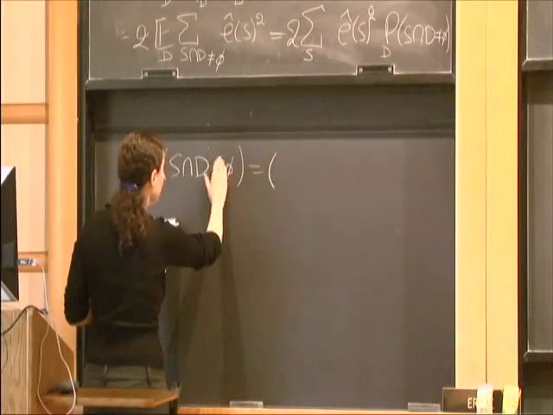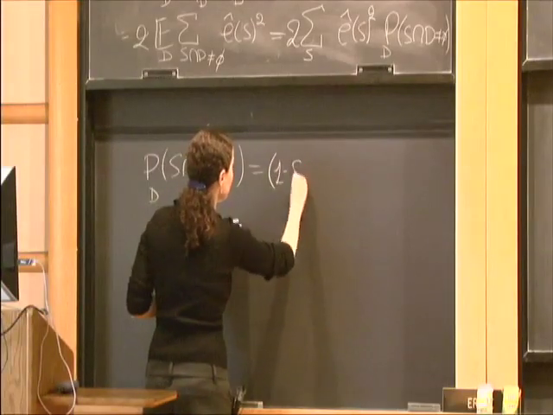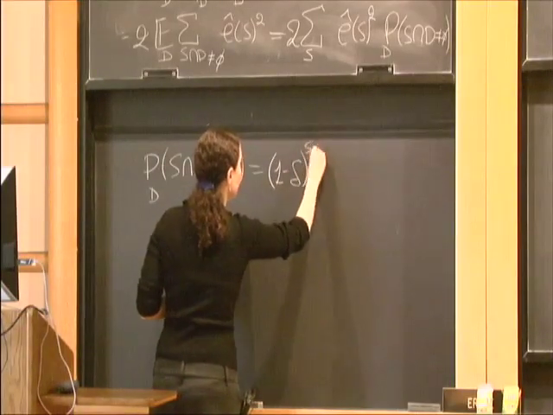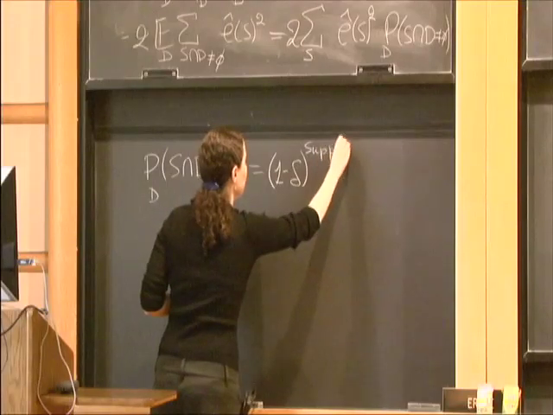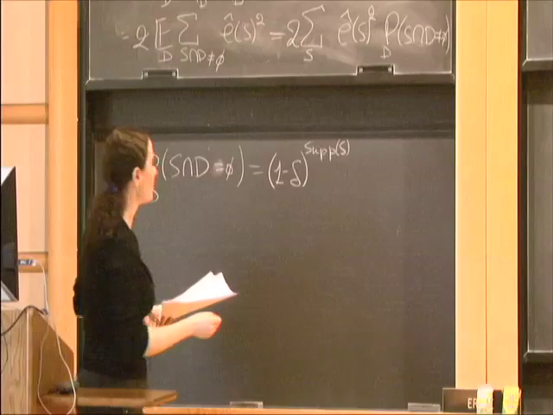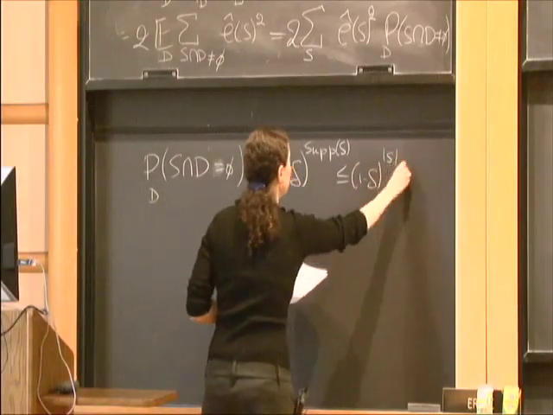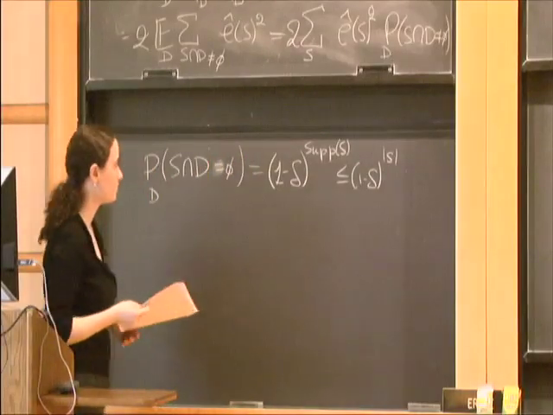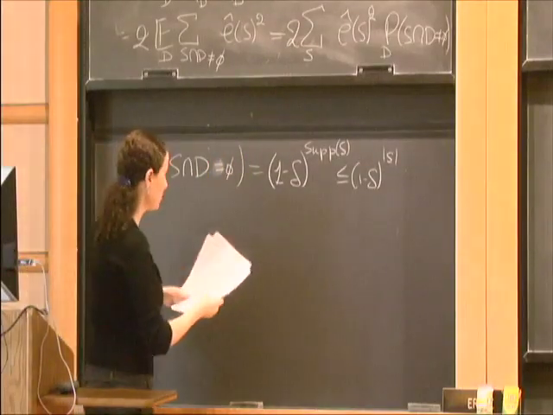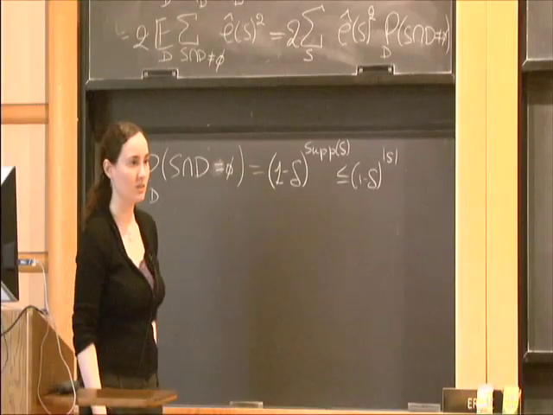The probability that it is empty is the probability that I miss every coordinate that is in the support of S, which is at most (1 minus delta) to the power of the support. The support is smaller than the size.